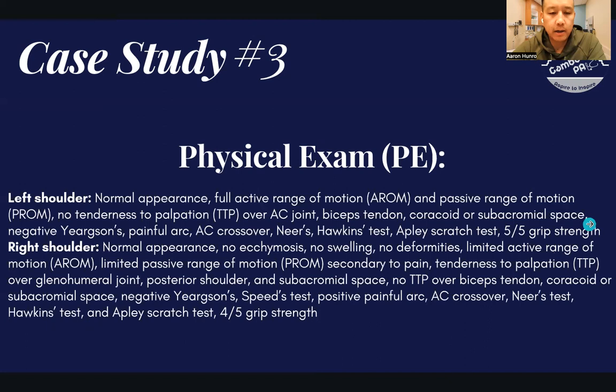Okay. And now let's go ahead and focus on the shoulder. I can read that part. All right, go ahead. His left shoulder: normal appearance, full active and passive range of motion, no tenderness to palpation over the AC joint, biceps tendon, coracoid, or subacromial space.